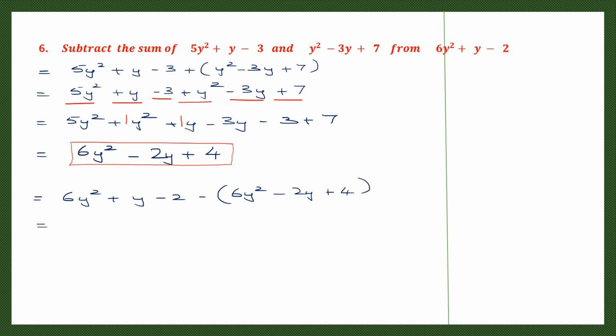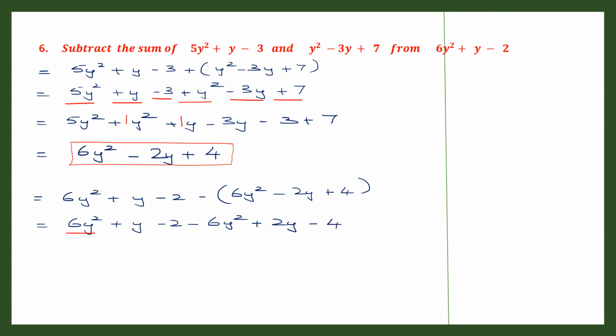So now let's remove brackets. 6y square plus y minus 2. Before brackets we have a minus sign. So change the sign of all the terms inside. Minus 6y square plus 2y minus 4.